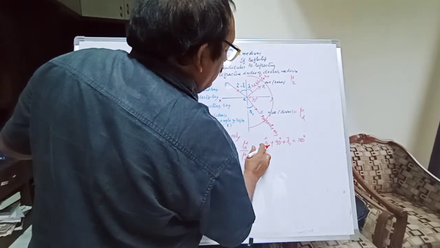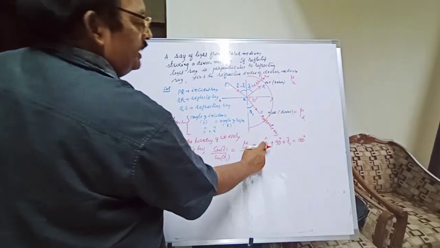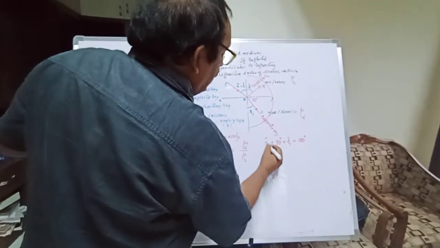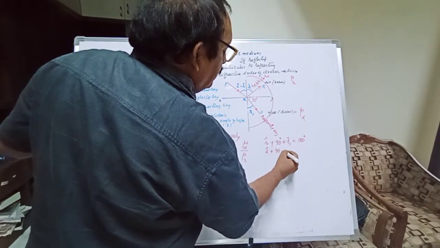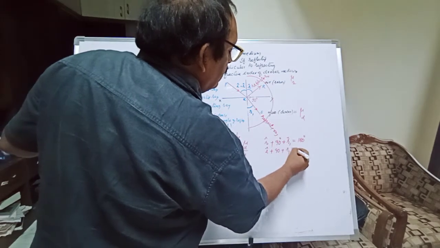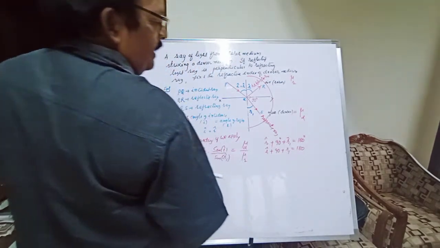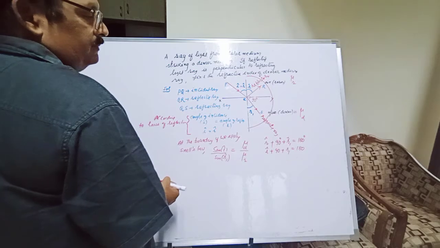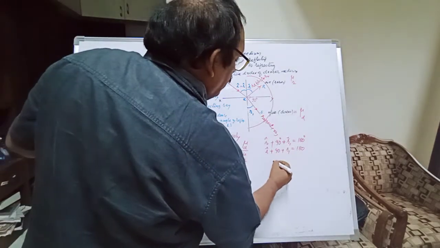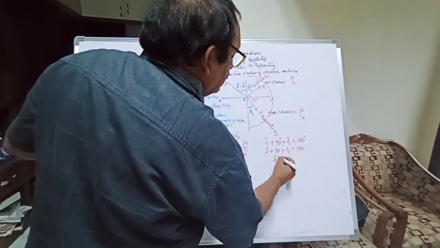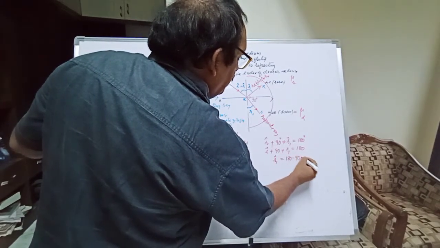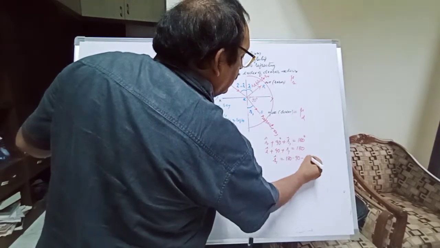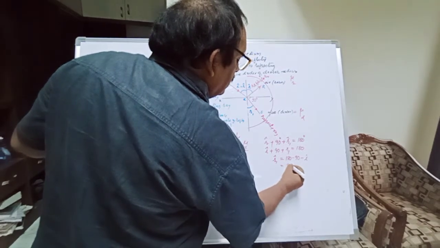The angle of incidence equals the angle of reflection, so I plus 90 plus R1 is equal to 180 degrees. What is R1 now? R1, the angle of refraction, is 180 minus 90 minus I, so this is 90 minus I.